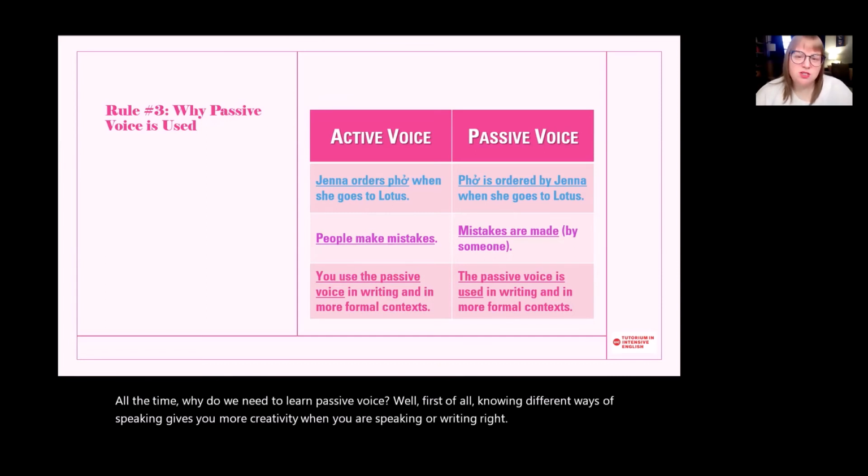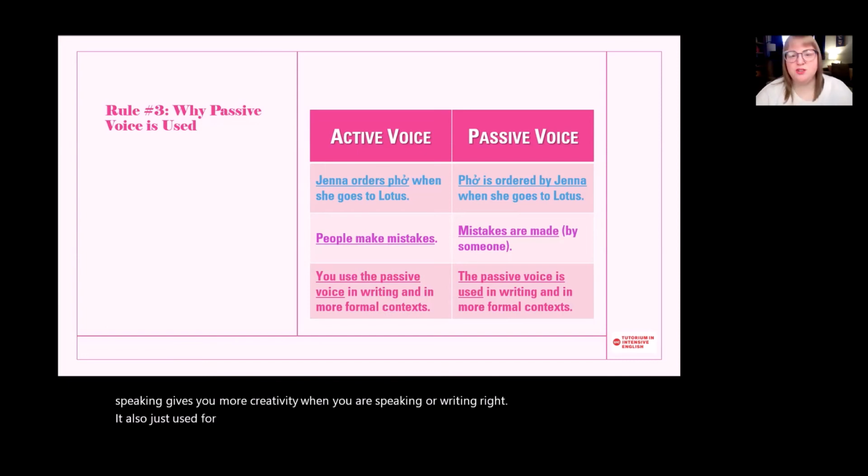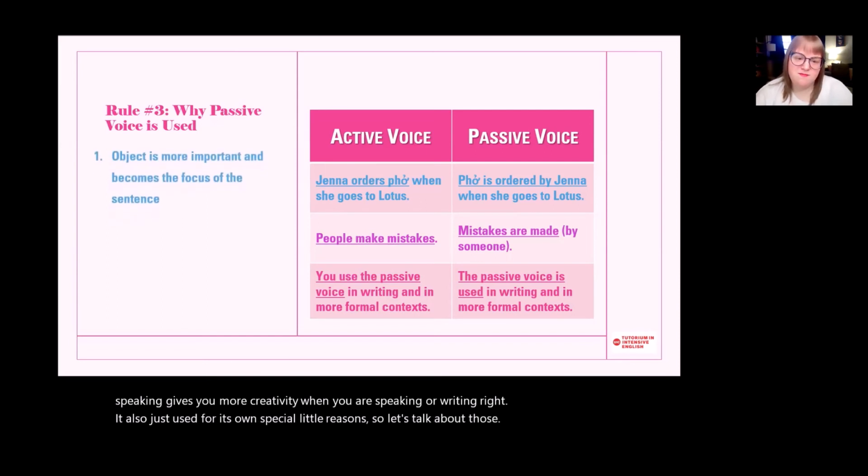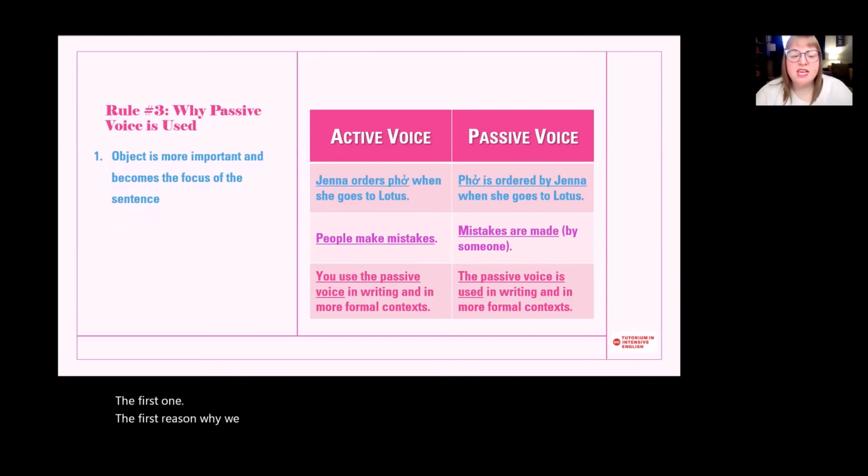It's also just used for its own special little reasons. So let's talk about those. The first reason why we use passive voice is that we want to show that the object is more important than the original subject, and we want the object to become the focus of our sentence.